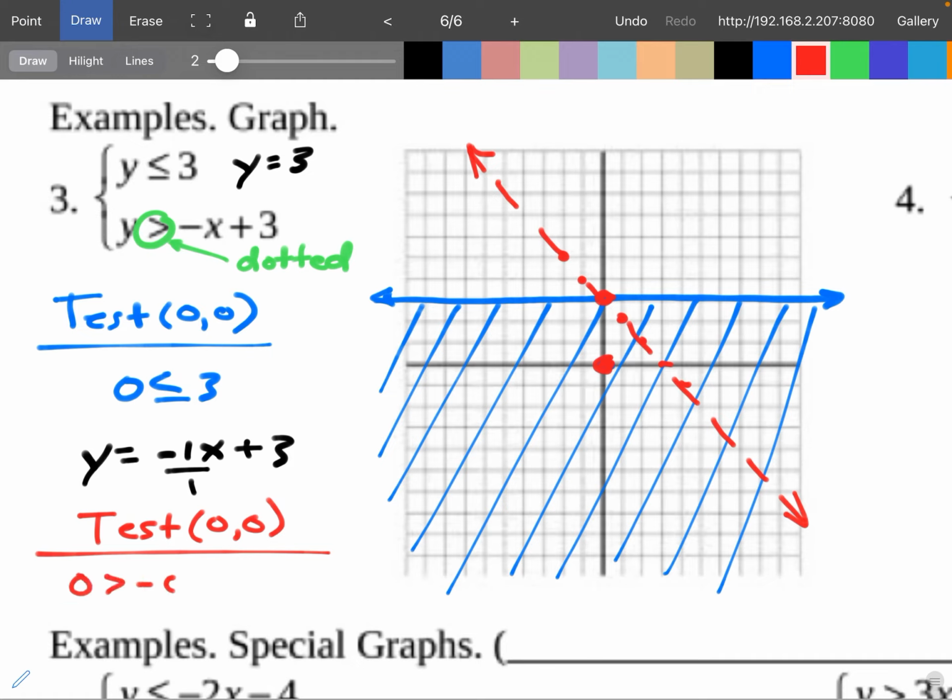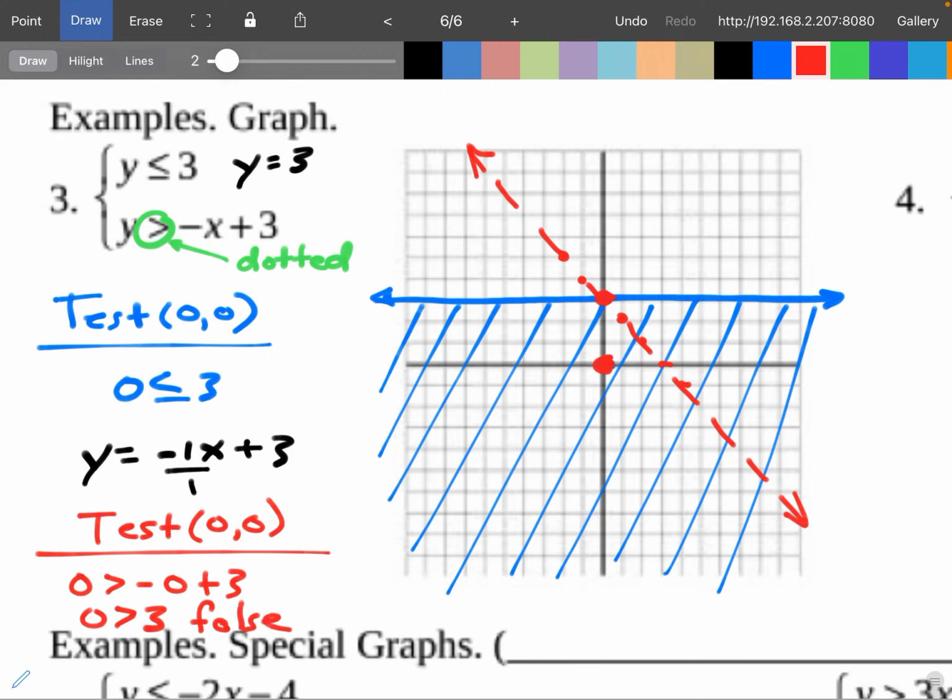Now we got to test the point. So what do you want to test? You might as well test 0, 0 again. Now 0, 0 is over here, right? So we're going to test 0, comma 0. And where we test that is in the original inequality. So I'm going to be putting 0 in for this y right here in the second linear inequality, and I'm going to put 0 in for x right there.